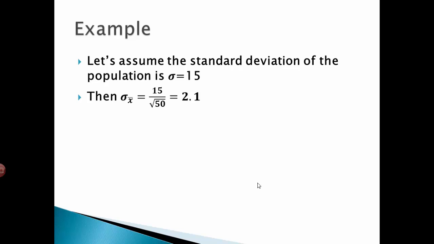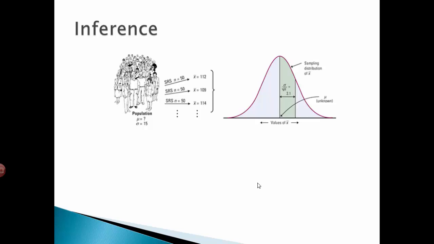Okay? So now we have a normal distribution that we're working with, with a standard deviation of 2.1 and a mean of 112. So really, here's what we're working with. We've decided that we have a normal curve based on the central limit theorem. We know that the standard deviation of that normal curve is about 2.1. We don't know what the mean of the population is.